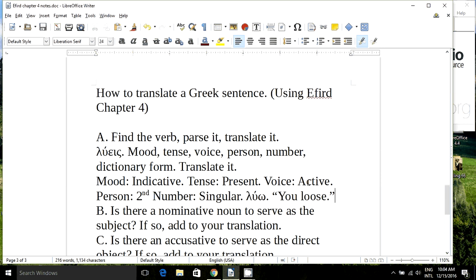So that's the first step in any sentence. Find the verb, parse it, translate it. Now you don't need to write the words mood, voice, tense. So this is what your step would actually look like. Here, let's clean this up a bit.